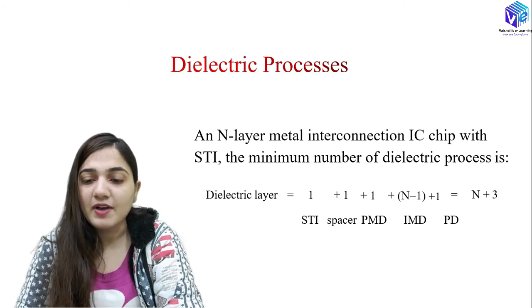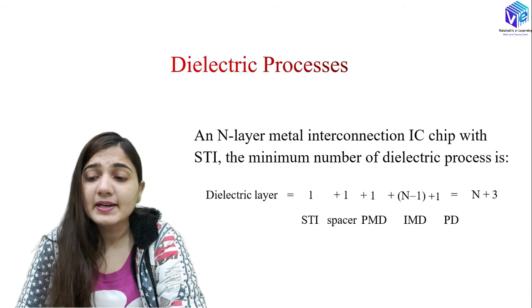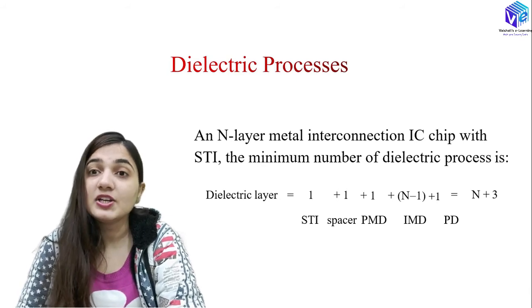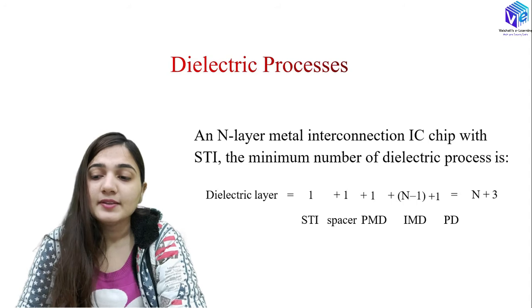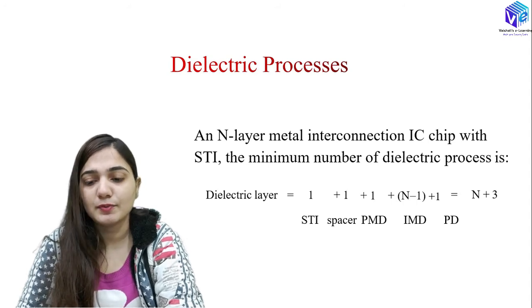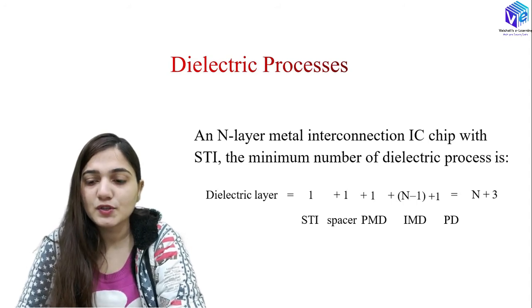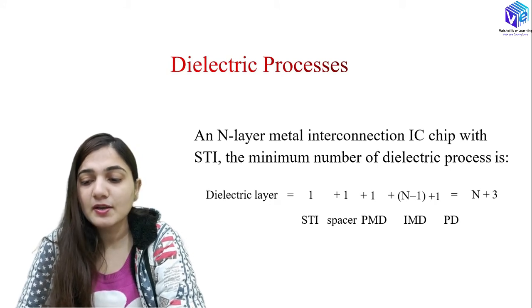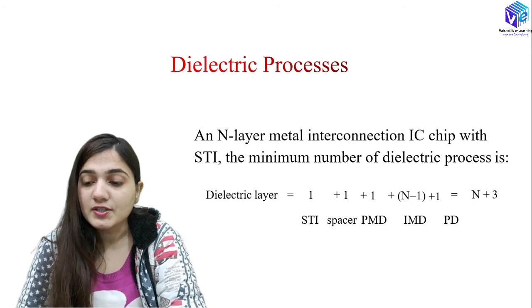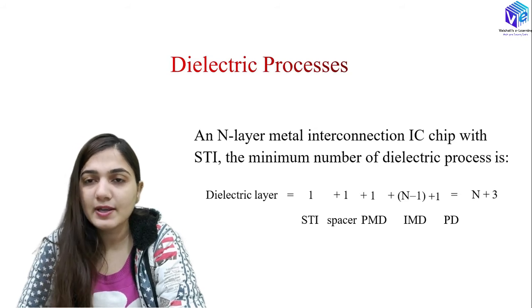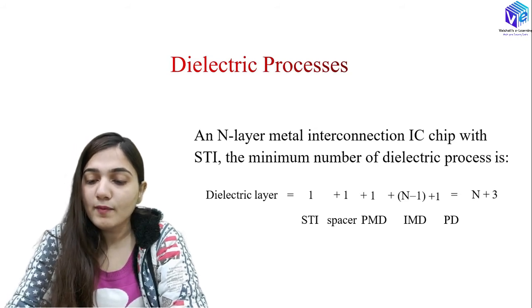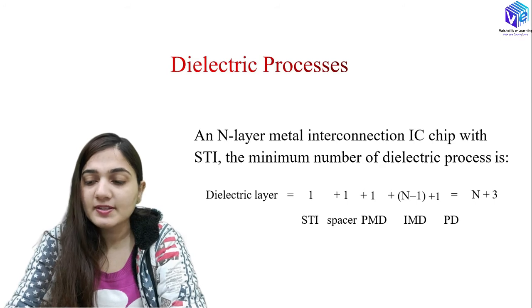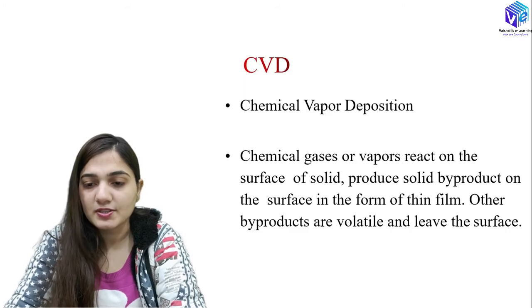Okay, so if I have an n-layer metal interconnection IC chip with the shallow trench isolation as well, then how many dielectric processes would there be? One dielectric process would be for shallow trench isolation, one for side wall spacer, one for PMD, n-1 processes for IMD, and one for passivation dielectric. Okay, we can increase also, but overall the minimum requirement is n+3 dielectric processes.